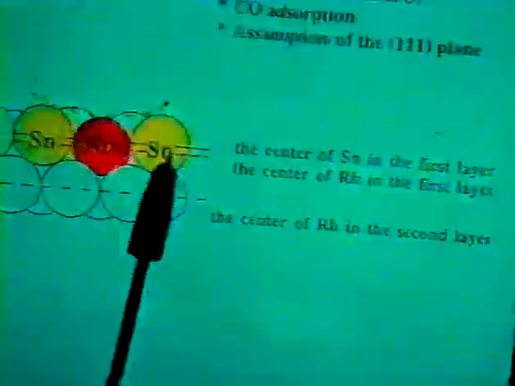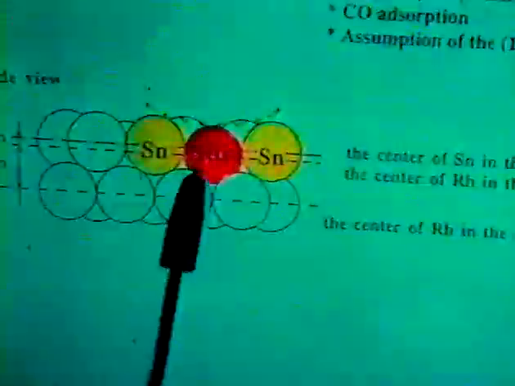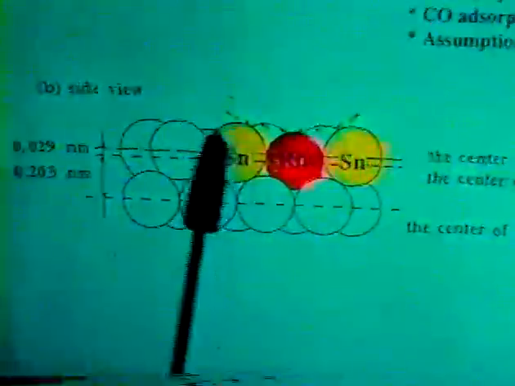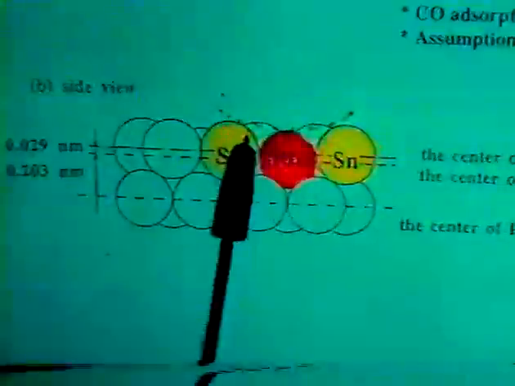Furthermore, the carbon monoxide adsorption experiments and the transmission electron microscope image suggest the surface composition ratio of tin to rhodium is 3 to 1. Tin is 3 and rhodium is 1. The side view of the bimetallic surface layers is pictured here.